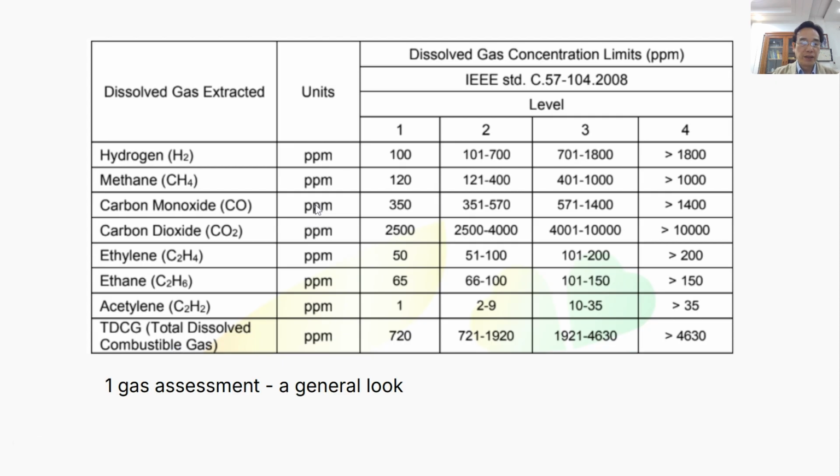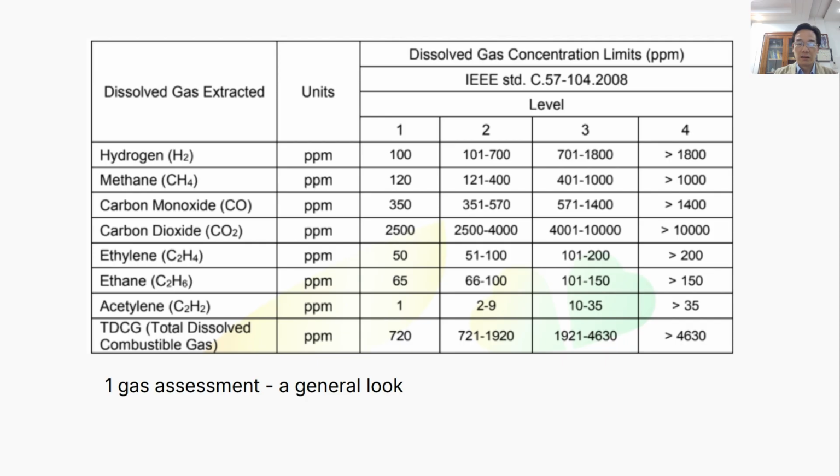The combustible gases are hydrogen, methane, carbon monoxide, ethylene, ethane, and acetylene. So the total number gives us general information on the situation of gas generated in the transformer.